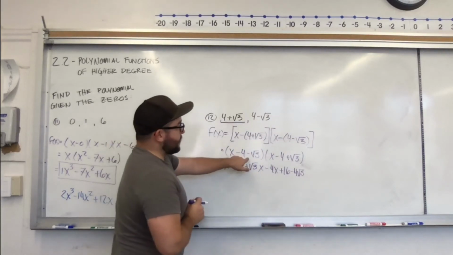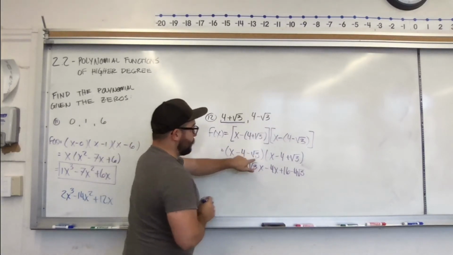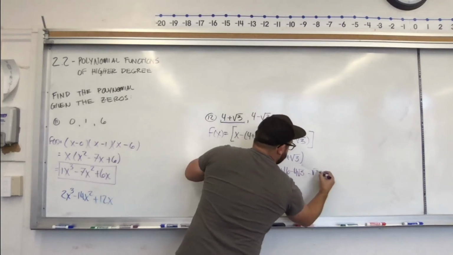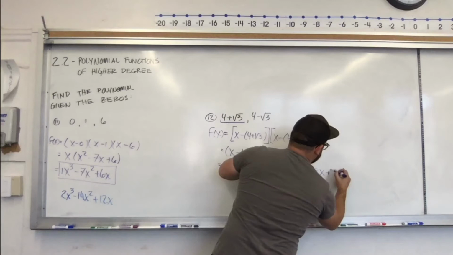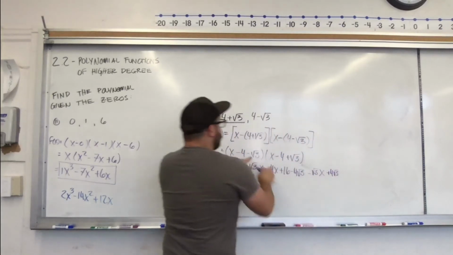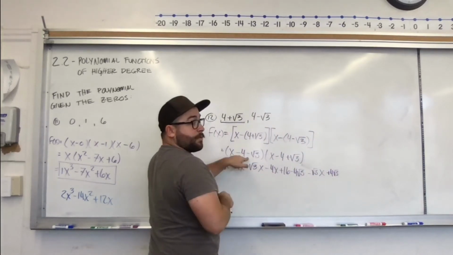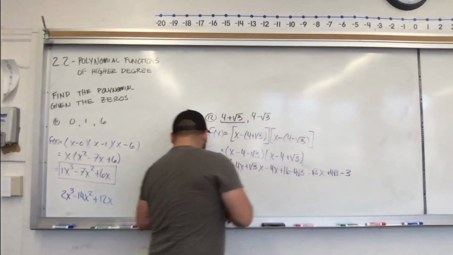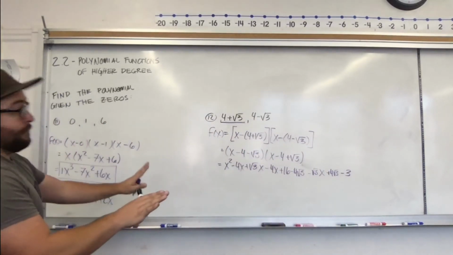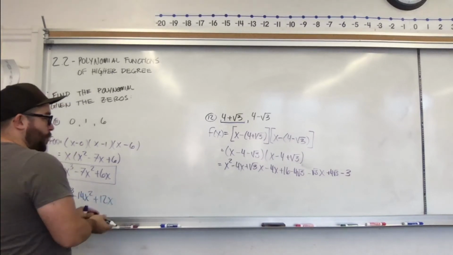And then lastly, everything's going to gain a multiple of negative root 3. So minus root 3x plus 4 root 3. And then minus root 3 times root 3. That just frees up 3, so minus 3. Super ugly, right?